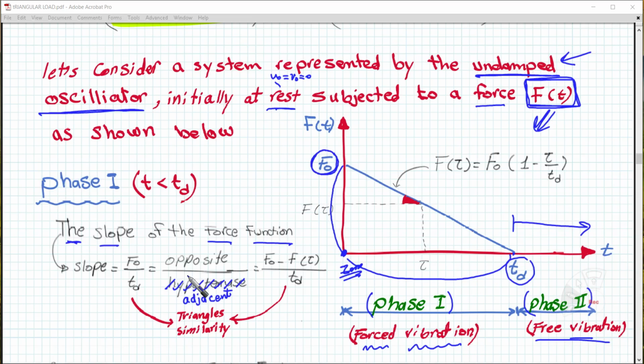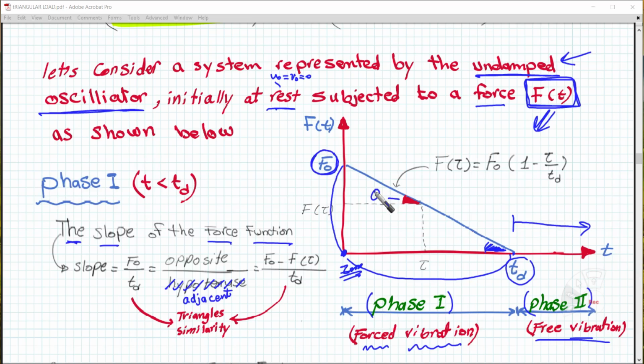Okay, and then we are going to equate it, by the similarity of triangles. This small triangle here is similar to the large triangle here, right? If we say this is the angle that we're talking about, it is similar to this angle.